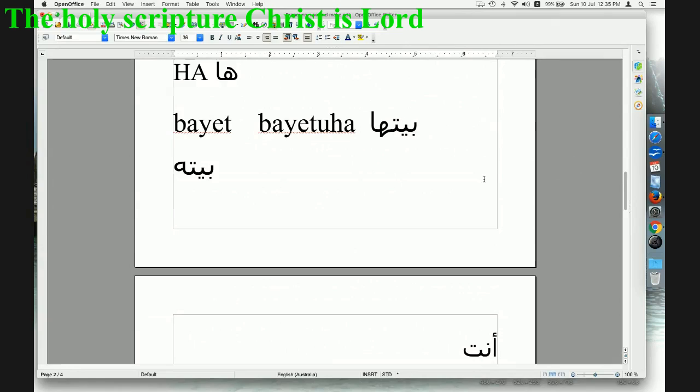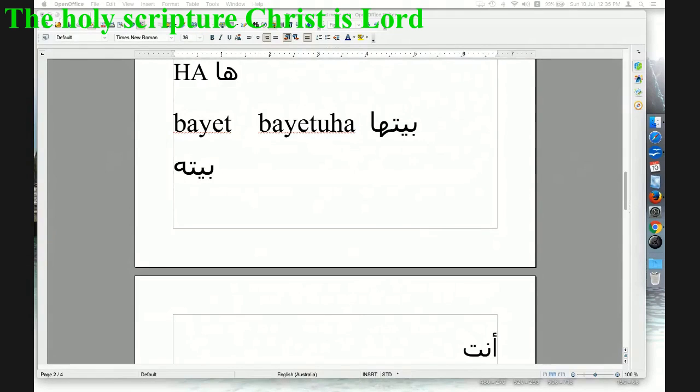What if there is more than one person? How are we going to use the ka we used before, like with bait? We make it baituk, but now it's a group of people. We cannot say baituk. Baituk is for one individual.